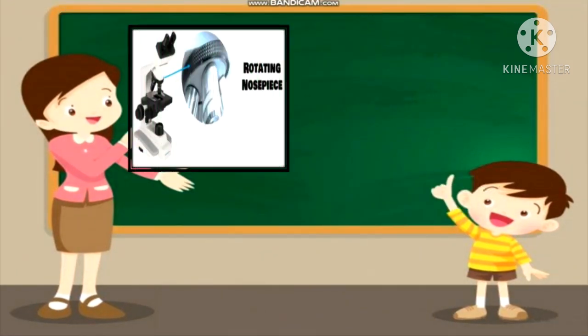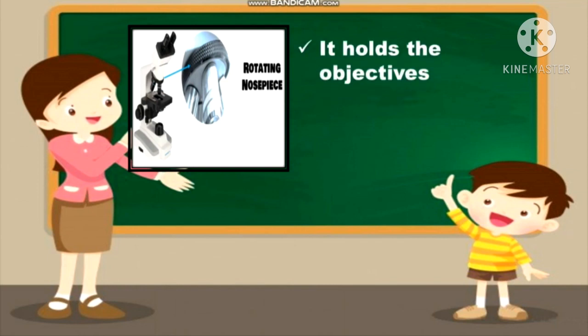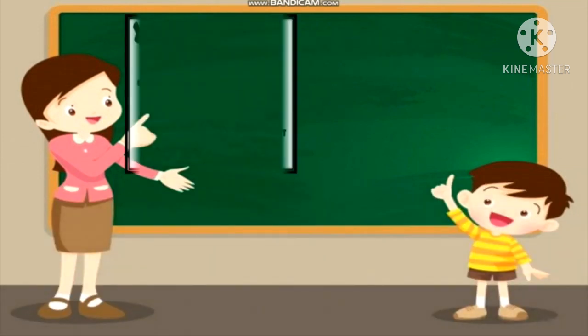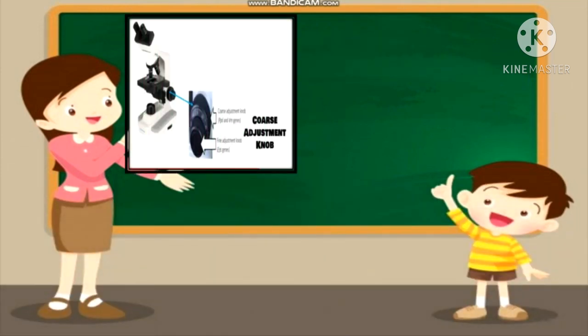Next part, the rotating nose piece, also called revolving nose piece. When we say rotating nose piece, it holds the objectives. Then the next one, we have here the coarse adjustment knob, or the bigger one.